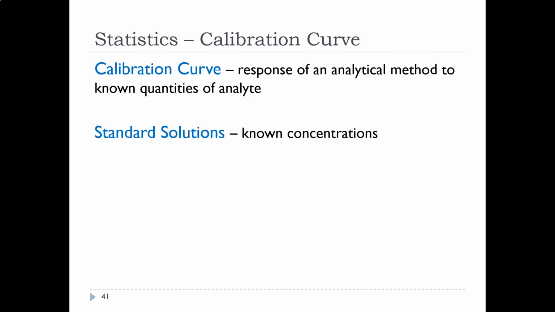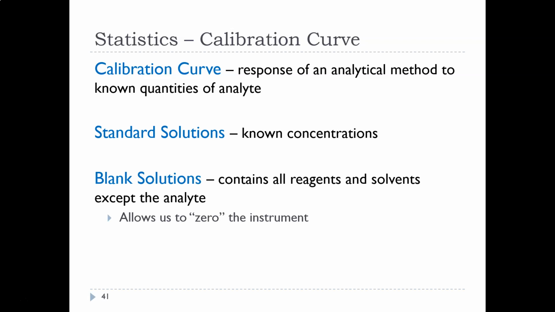That means we did our test using standard solutions, where we accurately made solutions with accurately known concentrations in whatever concentration unit you need, and then tested those with an instrument or a method, and then graphed the results of those tests on the y-axis and the concentration on the x-axis to get a straight line. We're going to have blanks. Unless it's not correct, we're going to have a 0, 0 point to show that when the concentration is 0, the result of the test was 0.